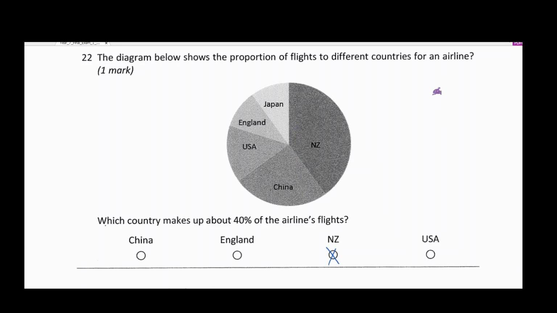Alright, so here we've got a circle. 50% is exactly half. And you look, New Zealand, if it was there, it would be 50%, but it's here. So it's a bit less than 50%, so it's going to be 40%, which is New Zealand.